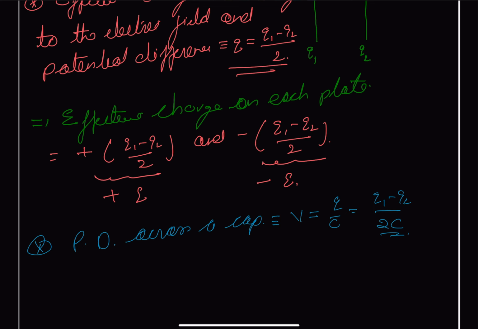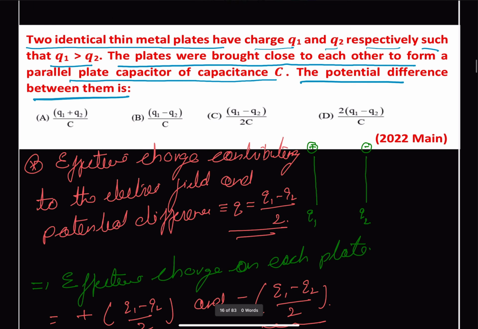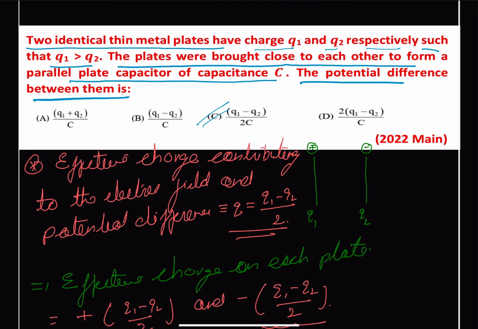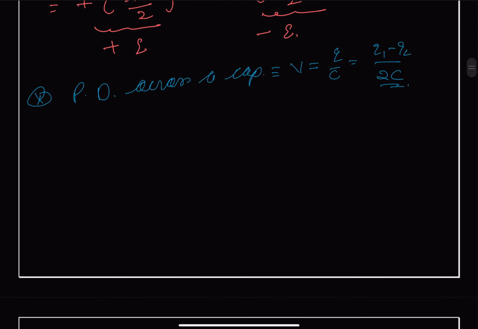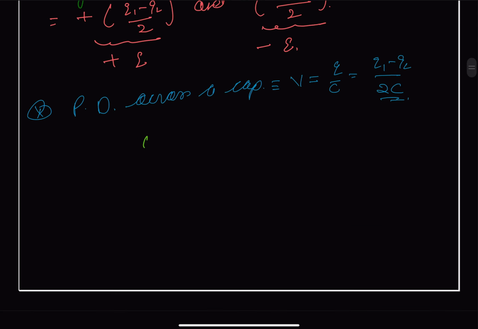So this is the effective potential, (Q1 minus Q2) divided by 2C. Option C is correct. Next question.